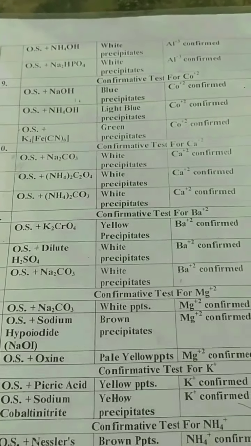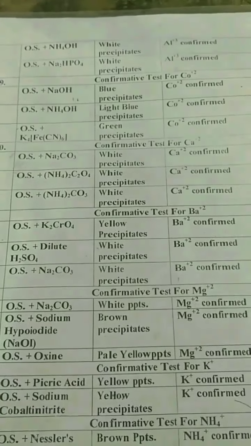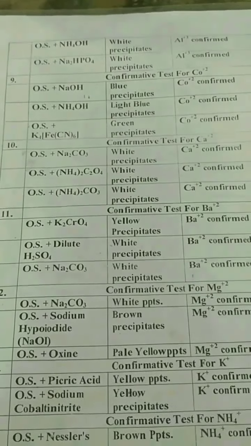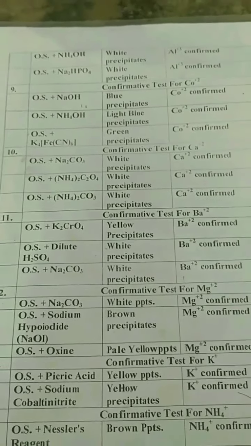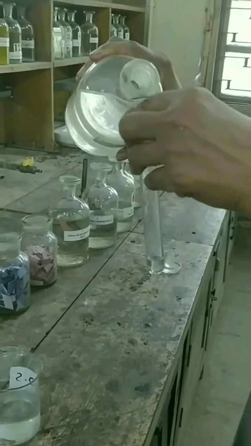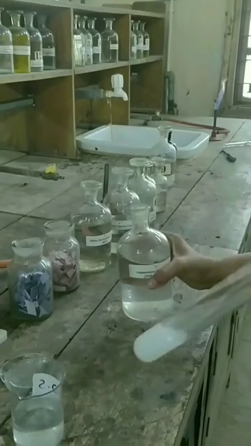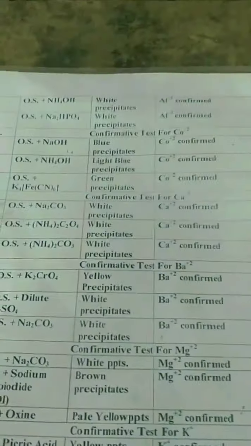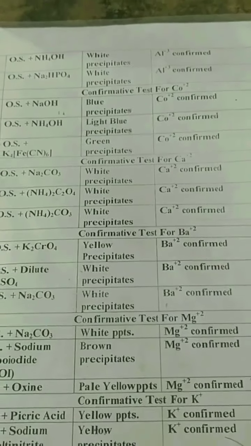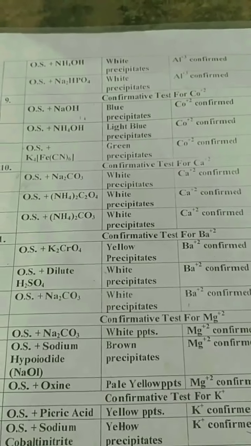Now we will proceed to third confirmative test for Ba+2. For this we will take OS in a fresh test tube. To this we will add sodium carbonate. Here also you can see white precipitates. So in the observation, if you get white precipitate, then Ba+2 is confirmed.